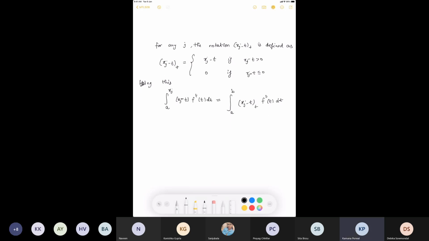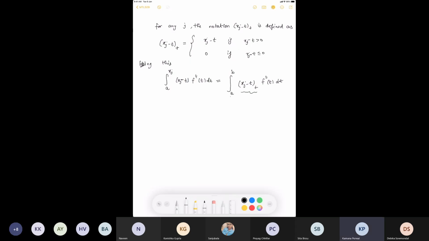You just have to realize that this function is non-zero only when xj minus t is positive. So this integral from a to b, you can break it into two parts, a to xj and then xj to b.